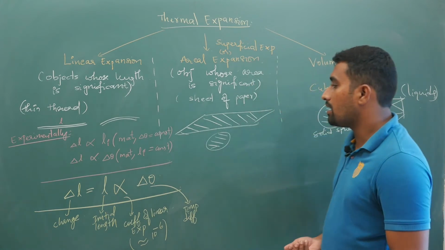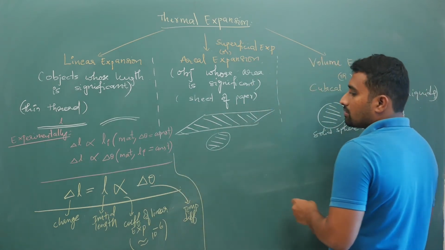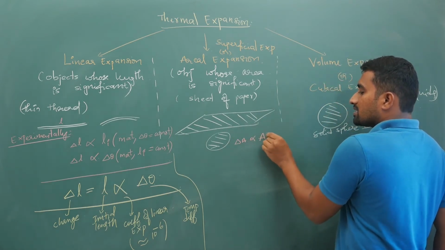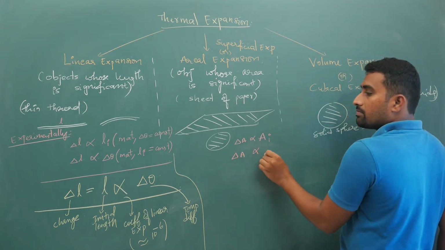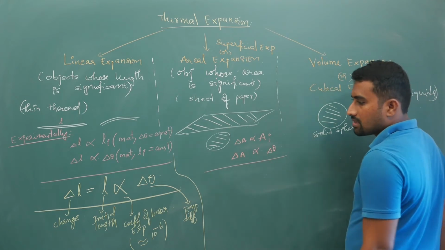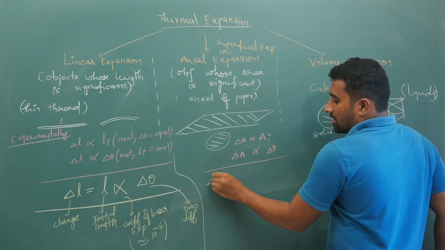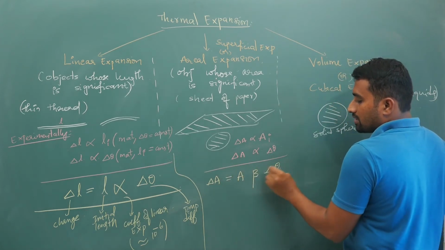Next, coming to the areal expansion part. Here also your delta A is proportional to initial area, and your change in area is directly proportional to temperature difference, provided that the same conditions are met. So once again that will give you delta A is equal to A times beta into delta theta.